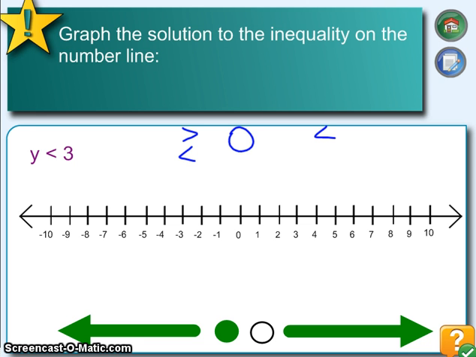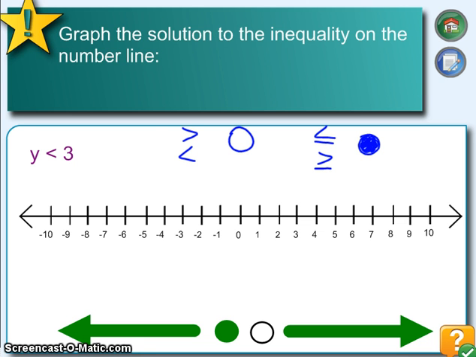Also, we could have less than or equal or greater than or equal. In this case, you're going to put your circle on the number given. However, now you're going to fill it in. This represents that we are indeed including that number as a solution to the given problem.